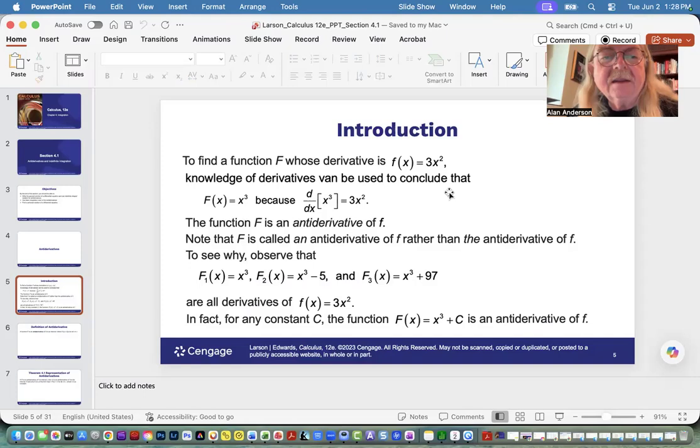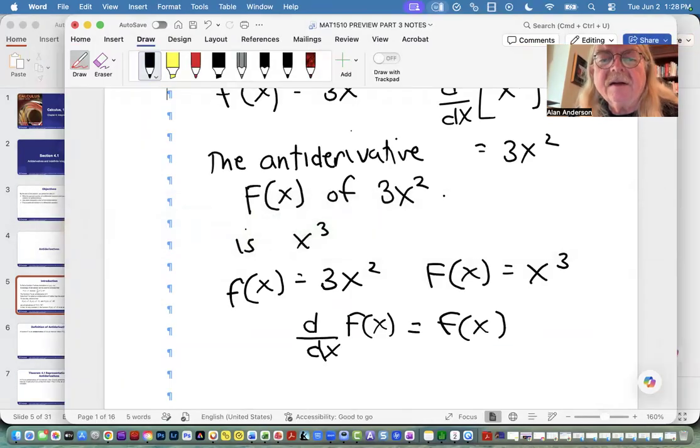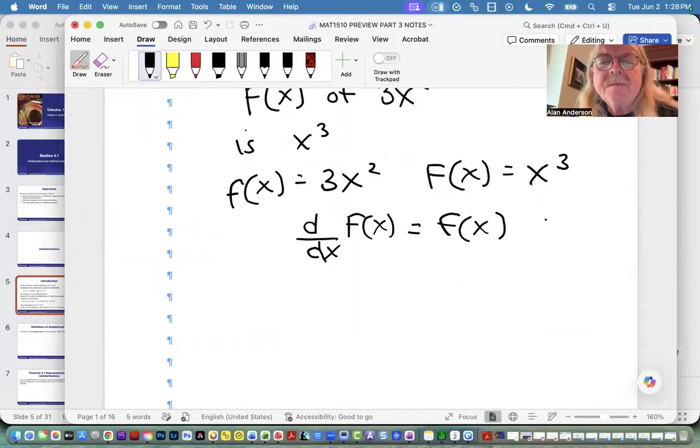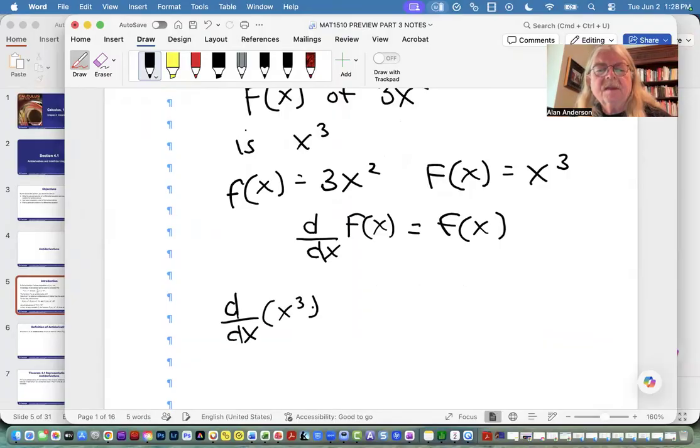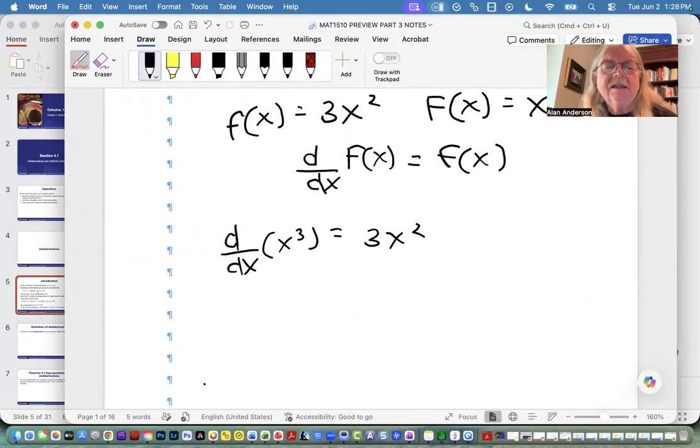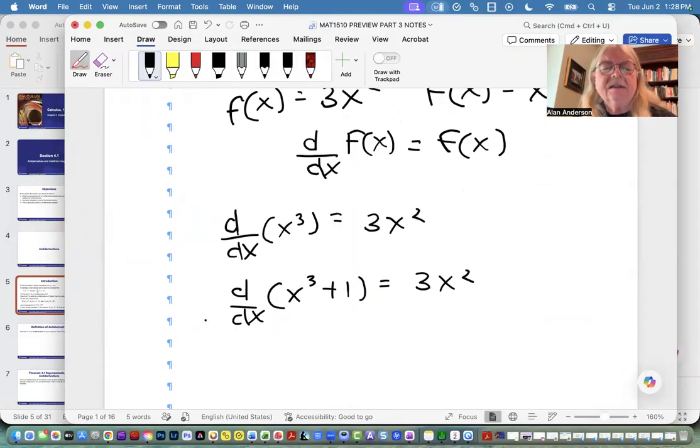Now, by the way, this is one of the peculiar things about antiderivatives. It turns out that we know that the derivative of x cubed is 3x squared. Fine. But guess what? The same thing could be said for x cubed plus 1. Ooh. And x cubed plus 2.